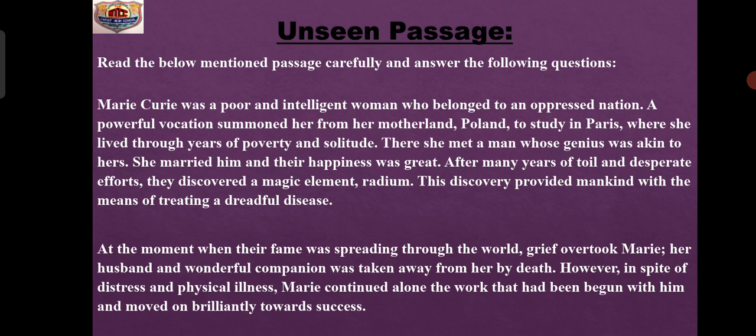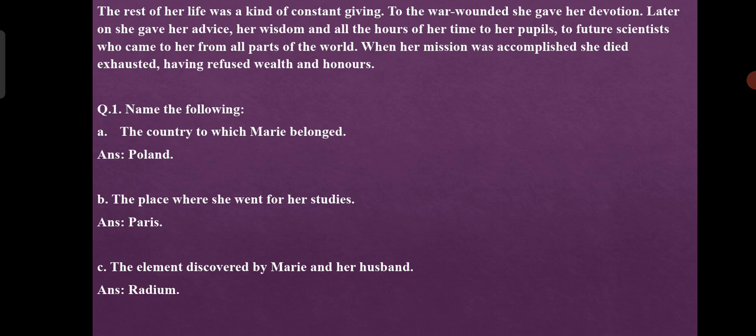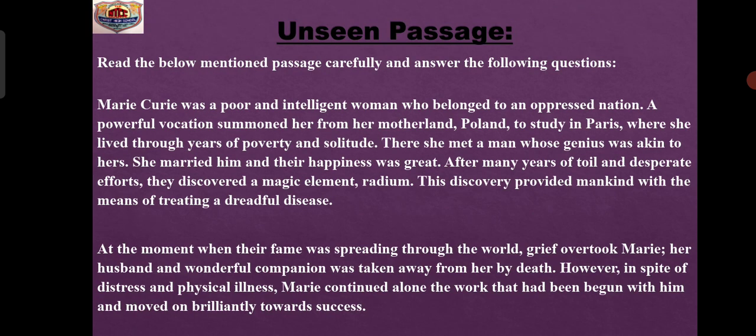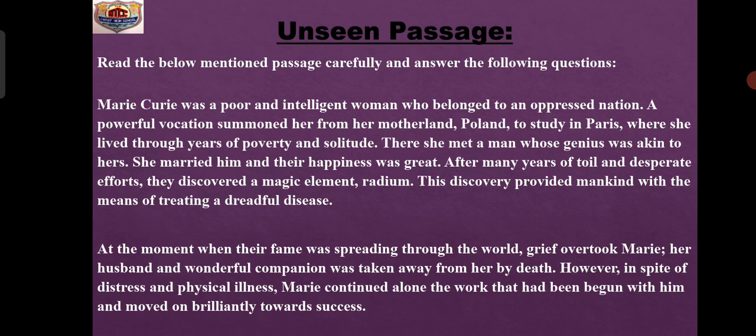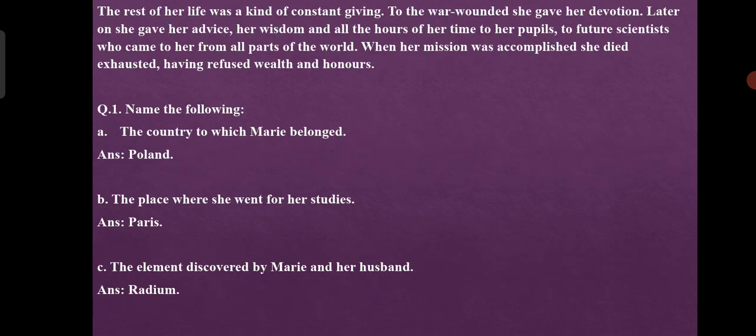Next is the place where she went for her studies. Can you see, to study in Paris? So from Poland she went to Paris for studies, right? The element discovered by Mary and her husband. See, after many years of toil and desperate efforts, they discovered a magic element, radium. Right? So what was that?